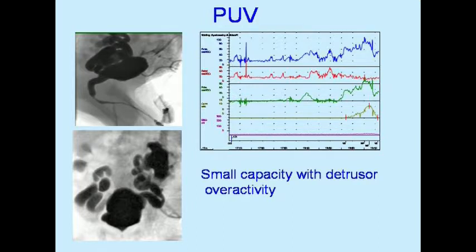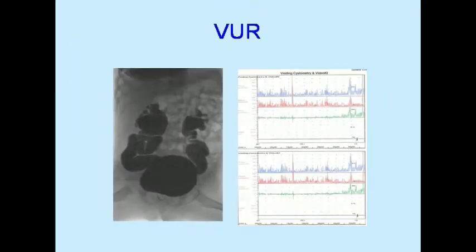He is awaiting renal transplant, and his urodynamic cystometry showed a small capacity bladder with detrusor overactivity. Another 20-month-old boy with severe reflux just wouldn't empty his bladder. He's got a very floppy bladder, and cystometry has shown that.